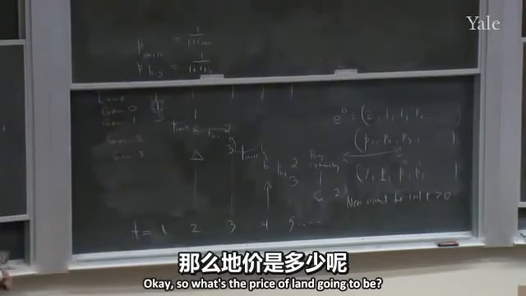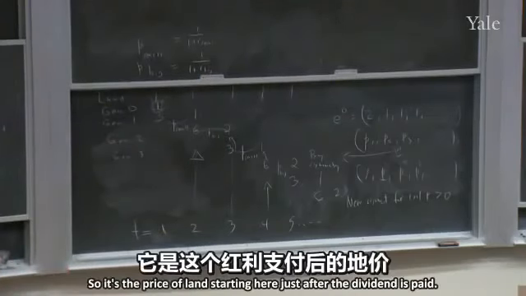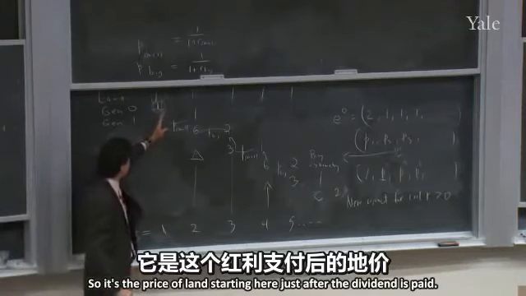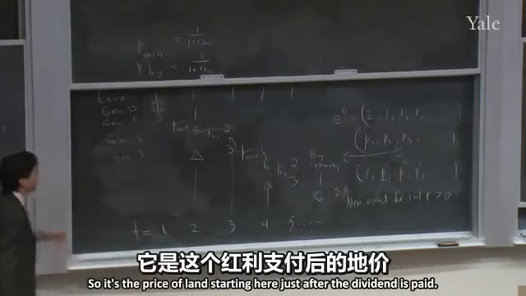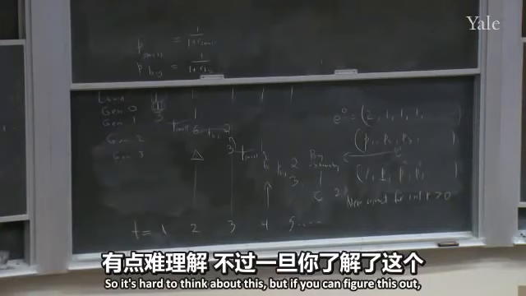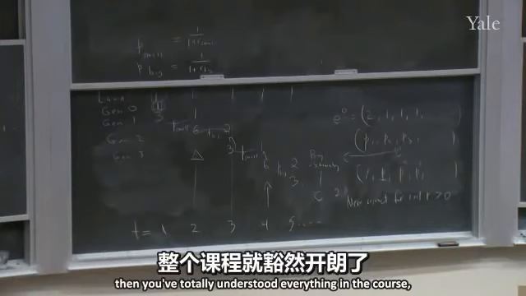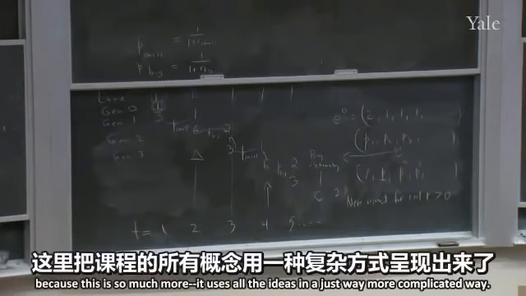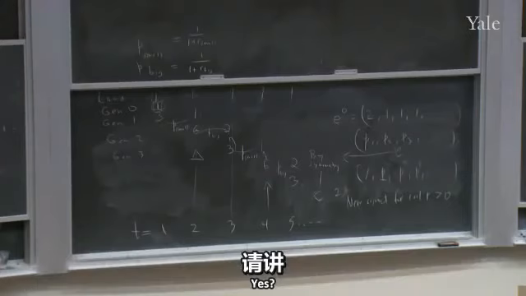Okay, so what's the price of land going to be? It's the price of land starting here just after the dividend is paid. It's hard to think about this. But if you can figure this out, then you've totally understood everything in the course, because it uses all the ideas in a way more complicated way. Yes? It's a geometric average of the R of small and R of big.